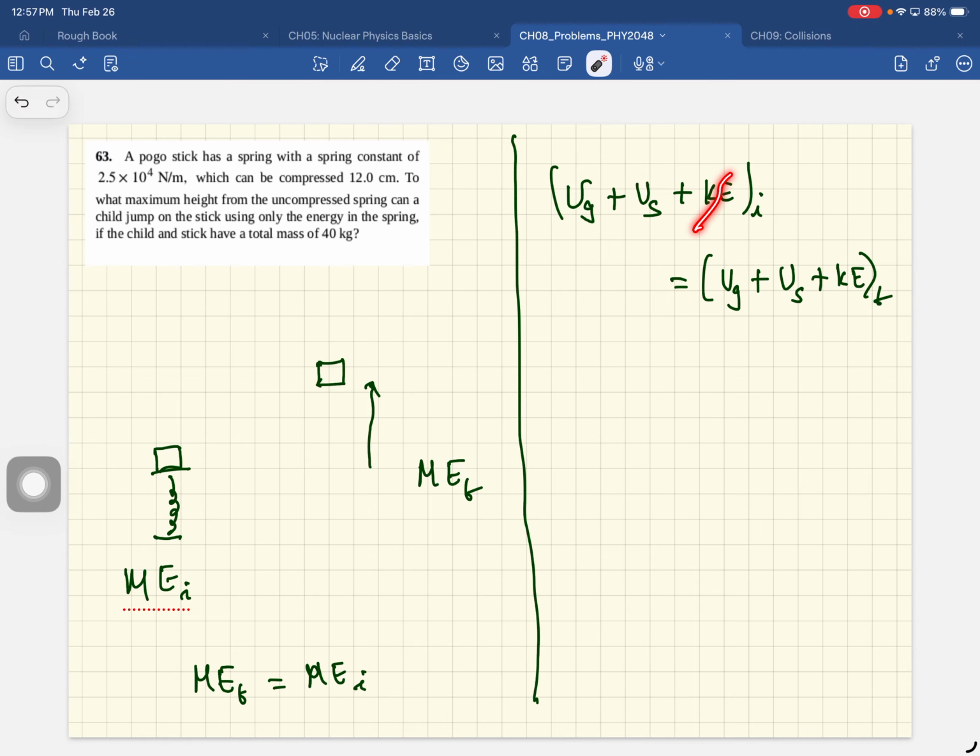So these two terms are zero. In this case, the spring is not stretched anymore, so the spring potential energy is zero. We'll take this as the reference level for gravitational potential energy, so that is zero.